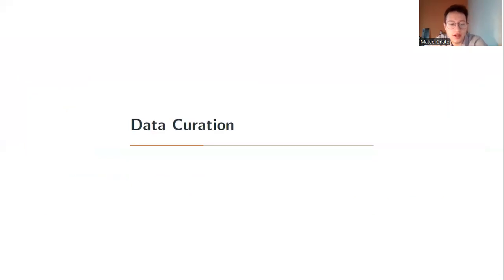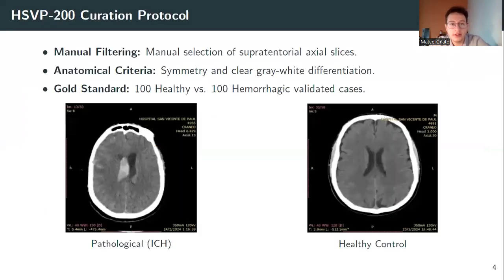For the data curation, that is our gold standard curation, we manually filtered the selection of the supratentorial axial slices of these images. Because automated filtering failed, we took the first essential engineering step, that is the manual curation. So we established a rigorous protocol to create the HSVP200, that is our dataset.